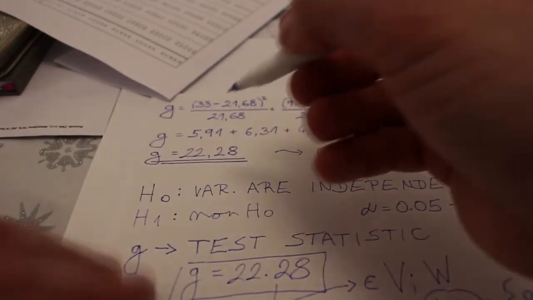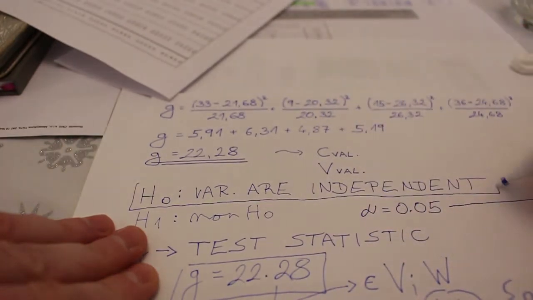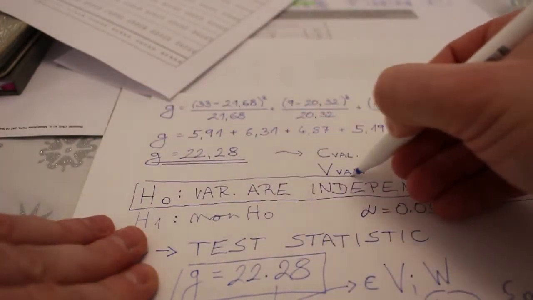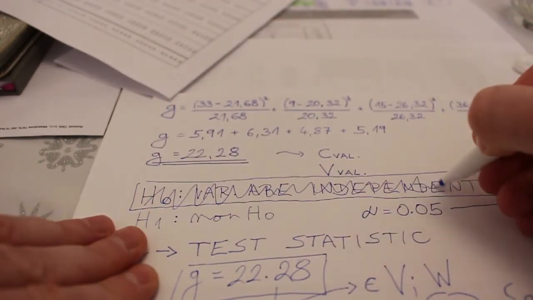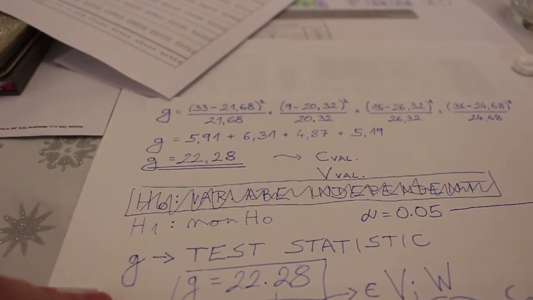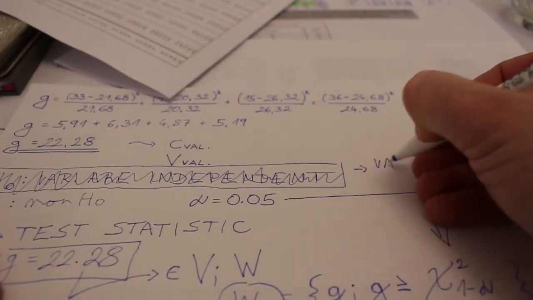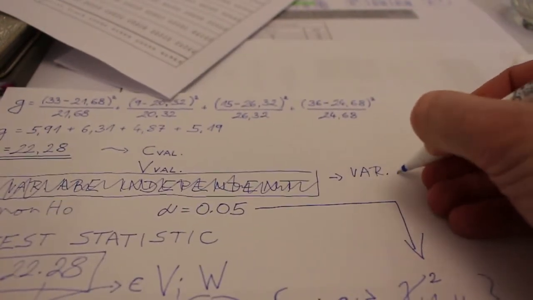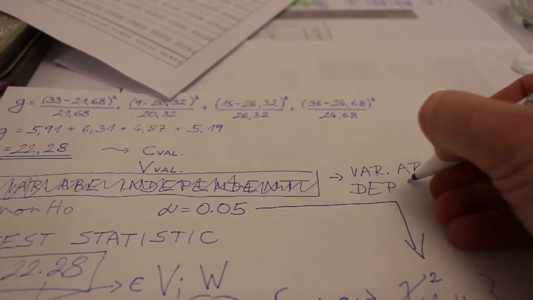It's true. So this zero hypothesis is rejected at the 5% level of significance. It means variables are dependent.